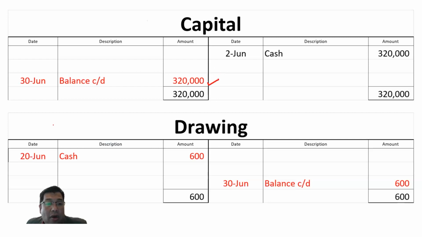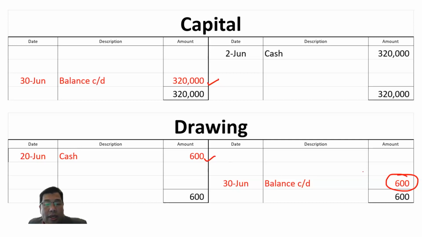At the same time, on 20th June, Amber withdrew cash for her personal living expense, that's 600. So this is drawing, and the amount of drawing is 600. As I mentioned before, this drawing will be offset with the capital at the end of the period. This means that from the 320,000 we're going to minus 600, so the capital will reduce.